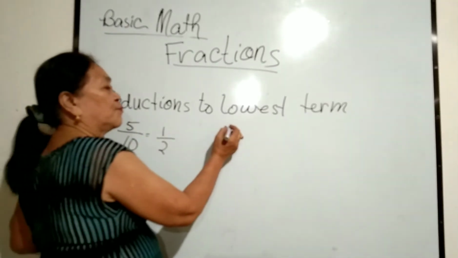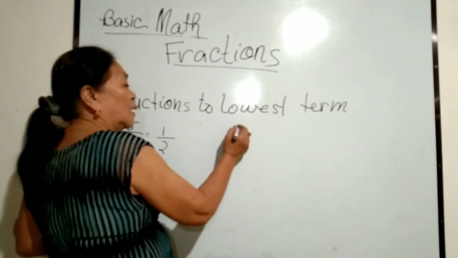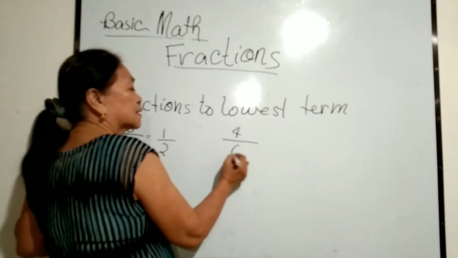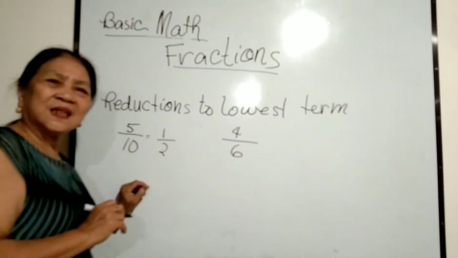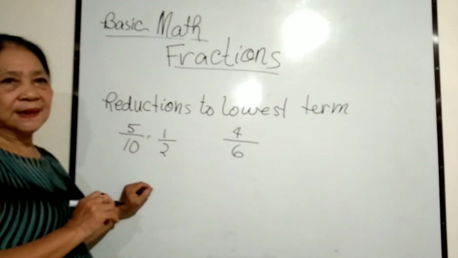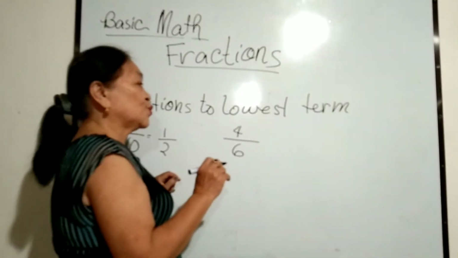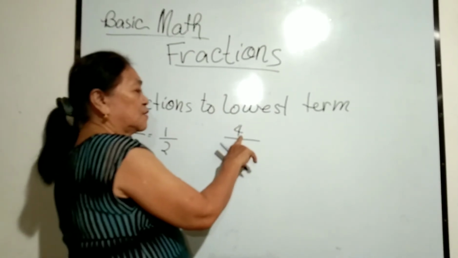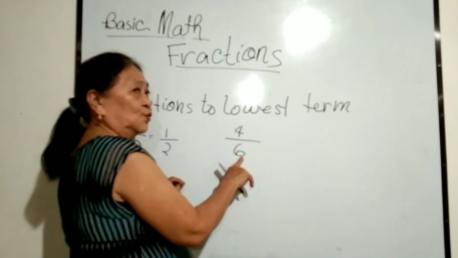Okay, another example. I will give you 4/6. What's the greatest common factor of 4 and 6? I am going to choose 2. This is divisible by 2, divisible by 2.